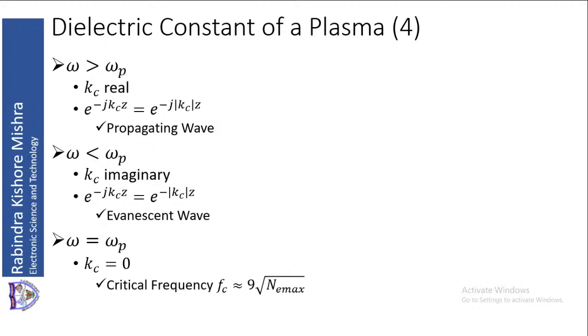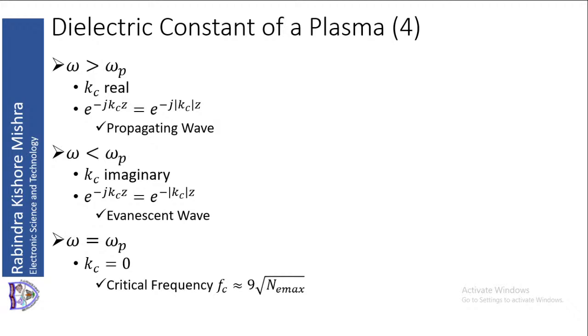Now the third special condition is omega is equal to omega p. When omega is equal to omega p, Kc is equal to 0. This occurs at what we call the critical frequency Fc. So Kc is equal to 0.